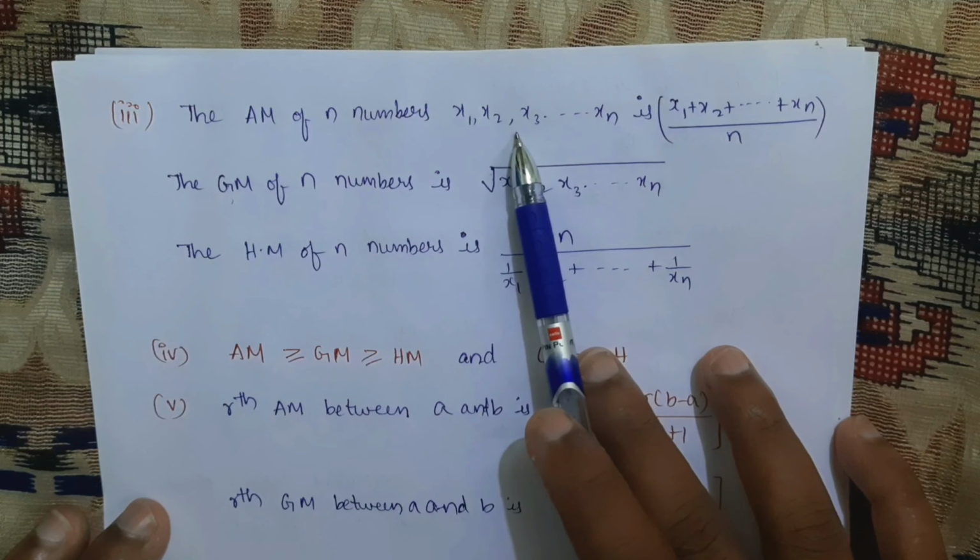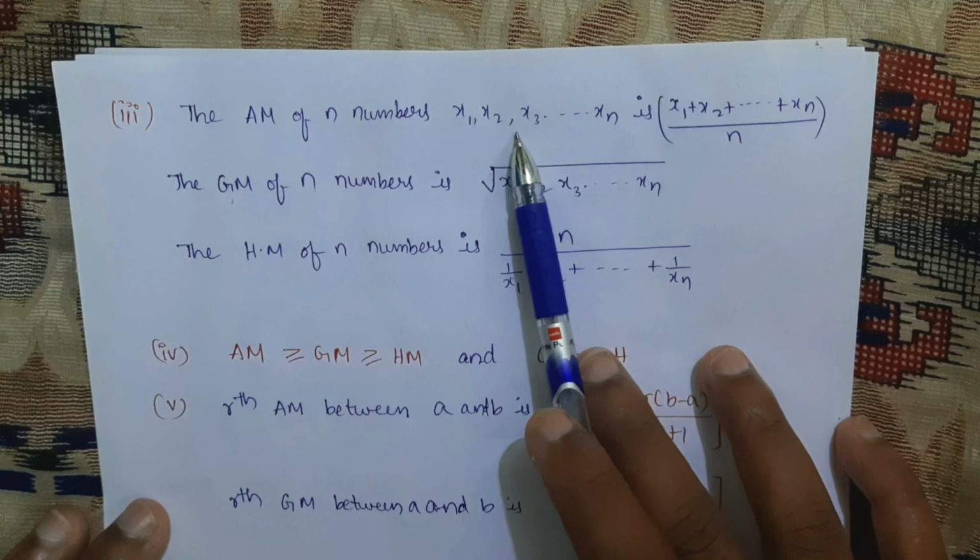Consider the series 1 plus 5 plus 12 plus 22 plus so on. Here the differences of consecutive terms are 5 minus 1 is 4, 12 minus 5 is 7, and 22 minus 12 is 10. If you observe these differences 4, 7 and then 10 continuously, those terms will be in AP.